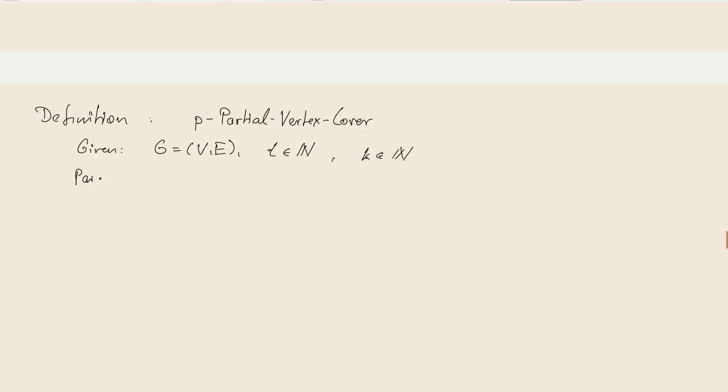Then the parameter, big surprise, is the k, and the question is: is there a subset of the vertices C, no more than k? Let's say exactly k. So that C covers at least t edges.